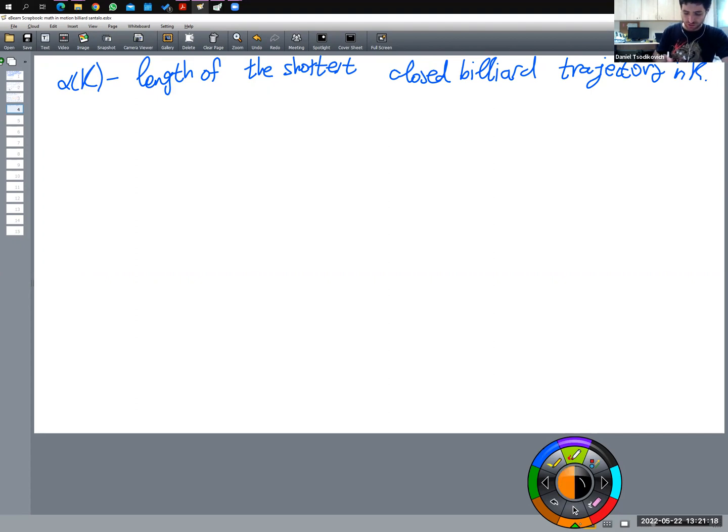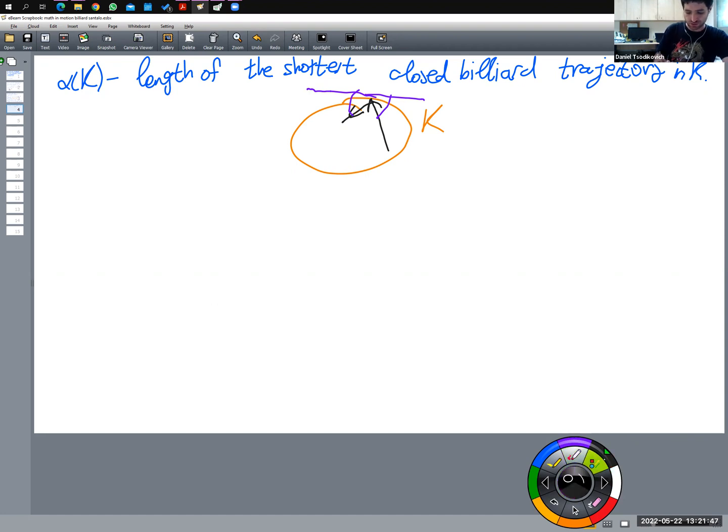So let me remind you that the billiard dynamical system is the following. We have some convex body K, and we have a particle moving in a straight line inside of K. And when it hits the boundary, it reflects according to the law of geometric optics, that the angle of incidence is equal to the angle of return. So these two angles need to be equal.